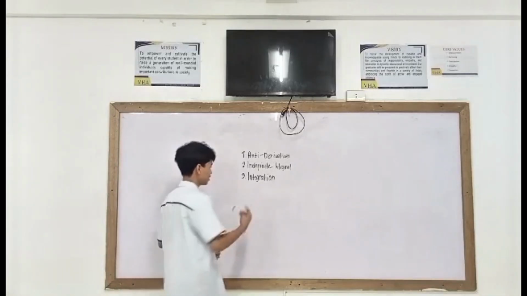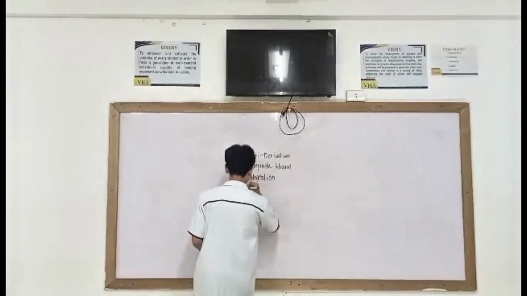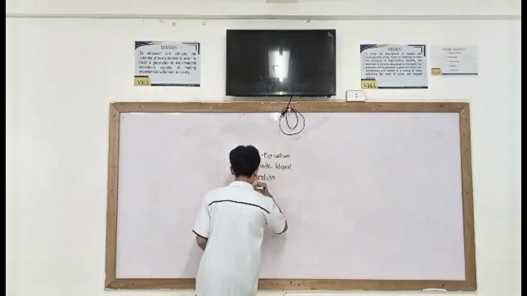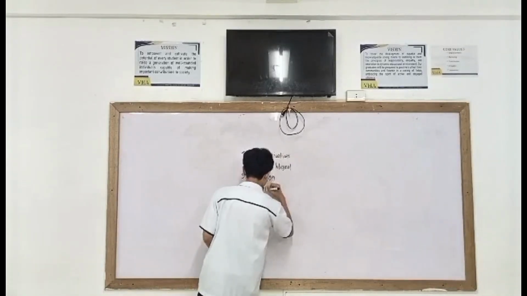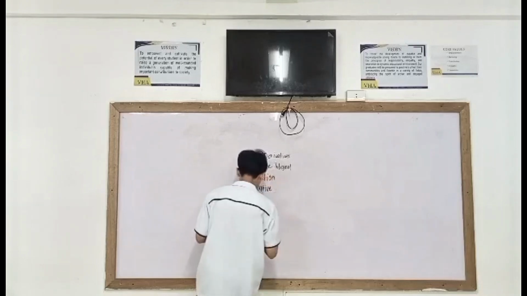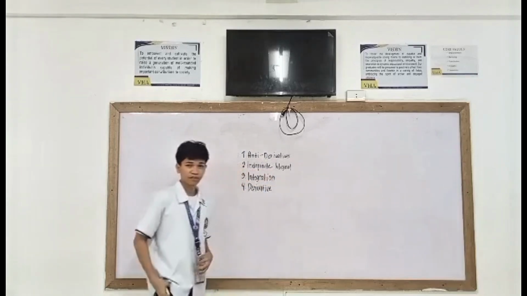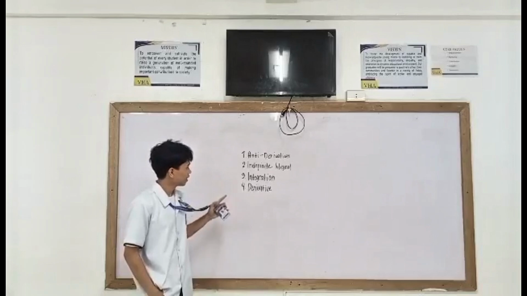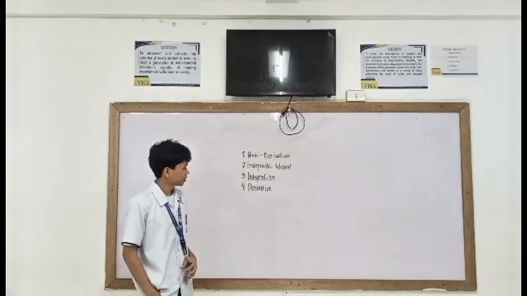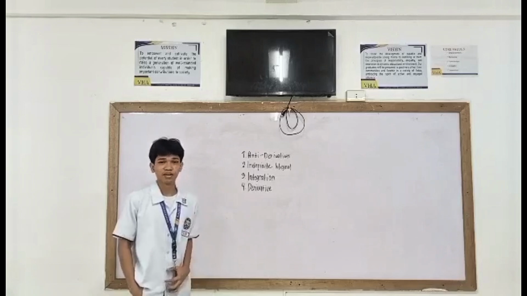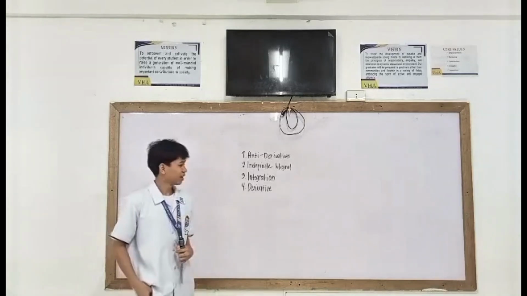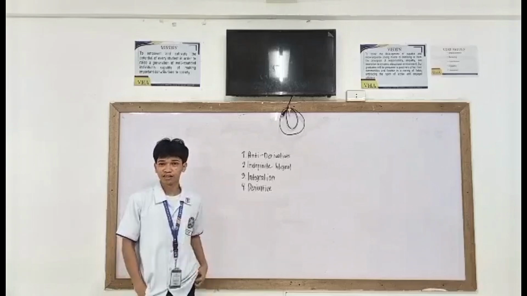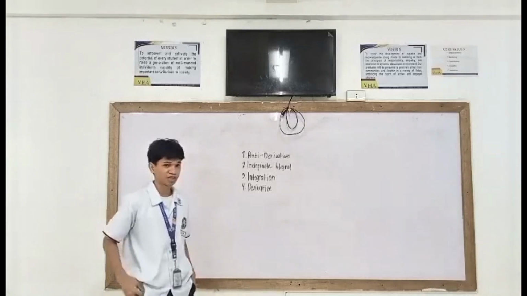And the fourth one, derivative. Just like what I said, antiderivative is the reverse of derivative. So derivative is the reverse of antiderivative. And the derivative also is the rate of change of a function.